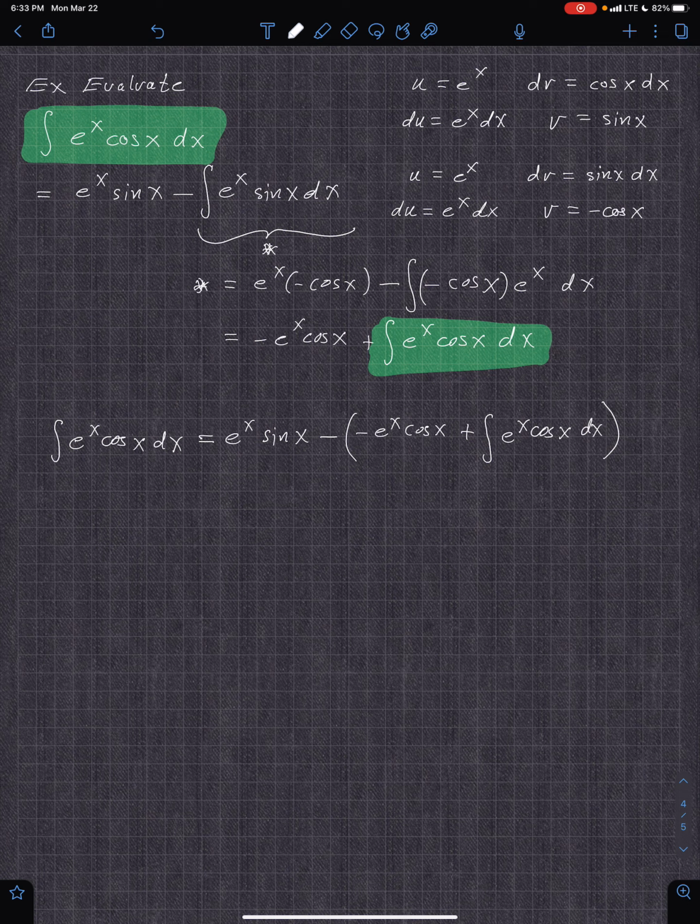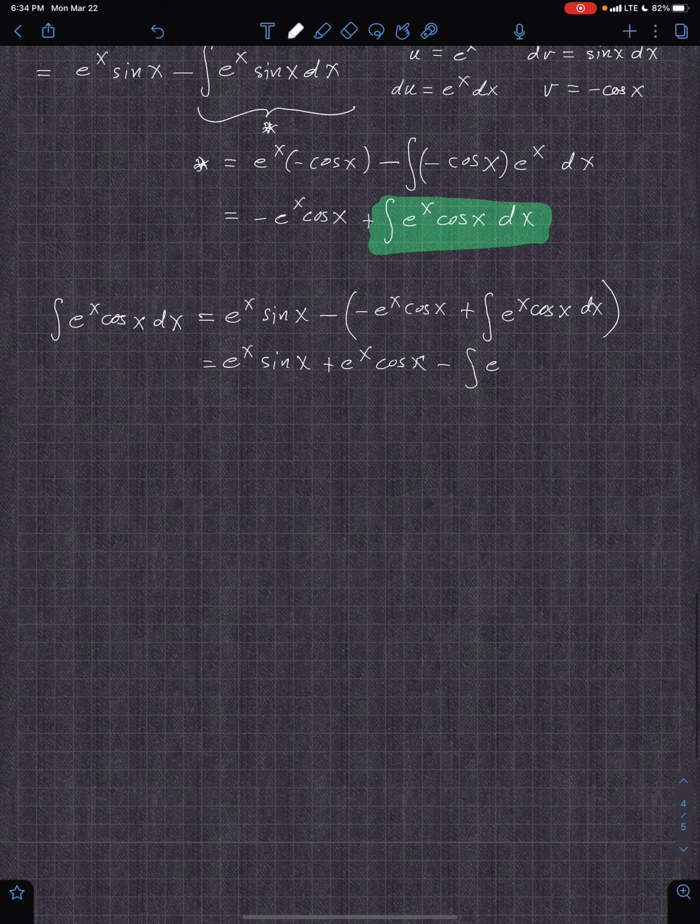So let's go ahead and distribute that. That's equal to e to the x sine x plus e to the x cosine x minus the integral of e to the x cosine x dx.